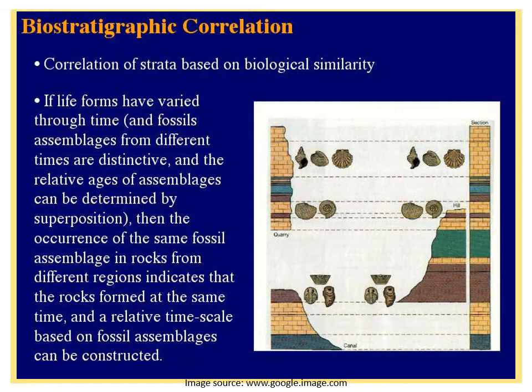As you can see in this picture, these two fossils on the left hand side are the same as they are found in the right hand side. Similarly, these three are the same as here.